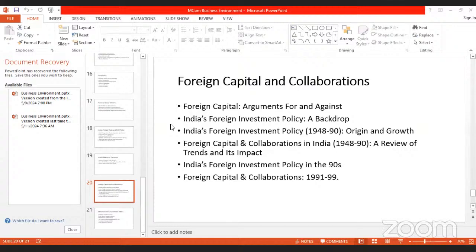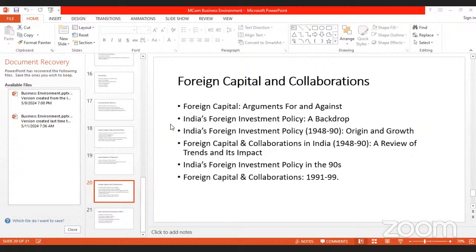Key sectors like telecommunication, banking, insurance, and infrastructure were opened to foreign investment, which is known as sectoral openings. And the fourth one is incentives and facilitation. Various incentives, including tax breaks and simplified procedures, were introduced to attract foreign investors.